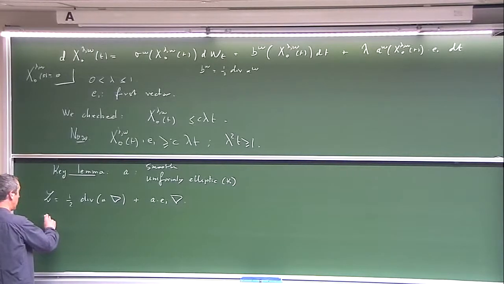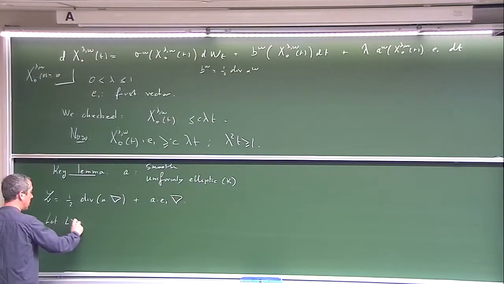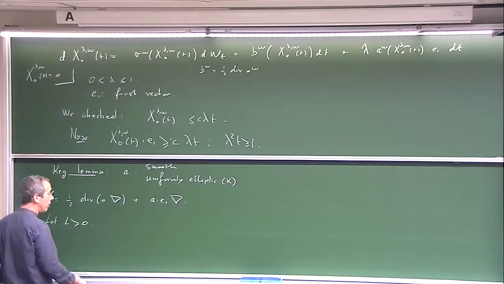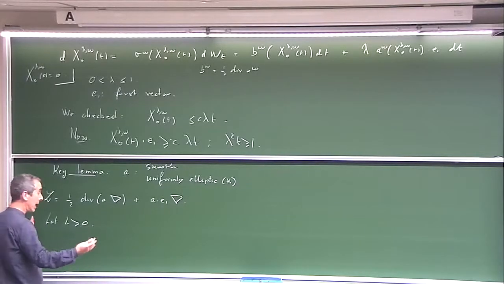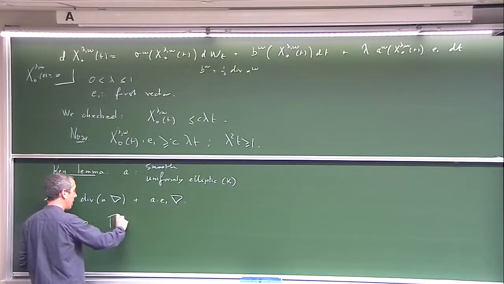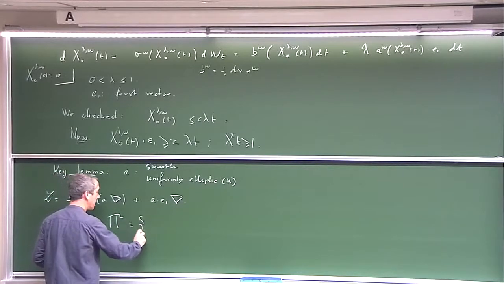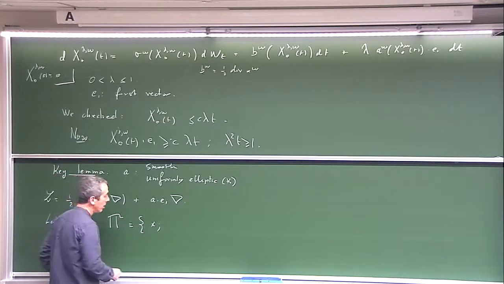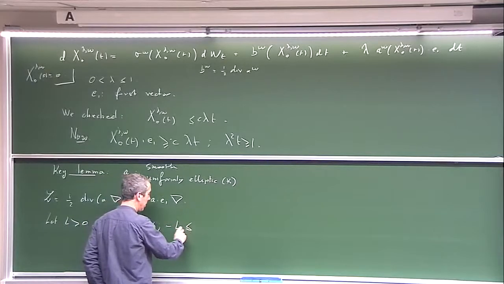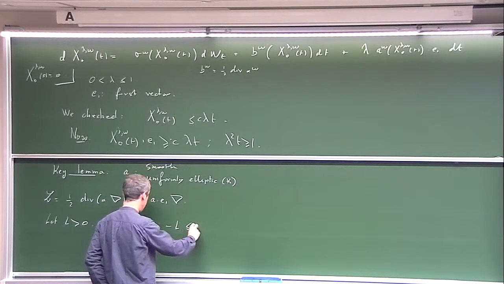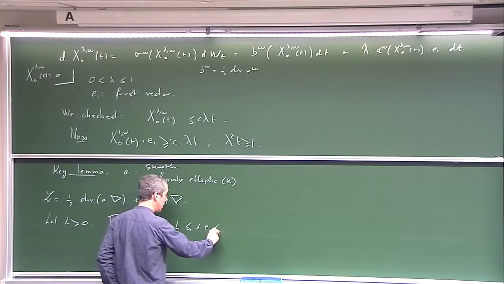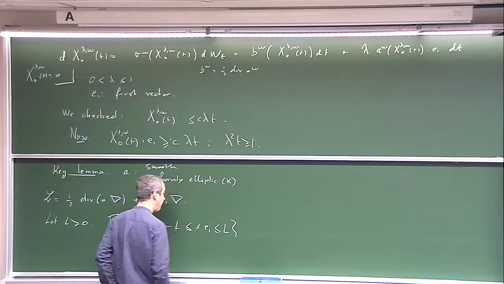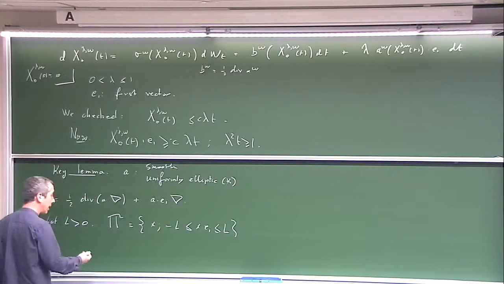So for a certain L, which is positive, we look at the exit time from a slab, which I call Pi. So Pi is a set of x's such that minus L is less than x dot E1, less than L.